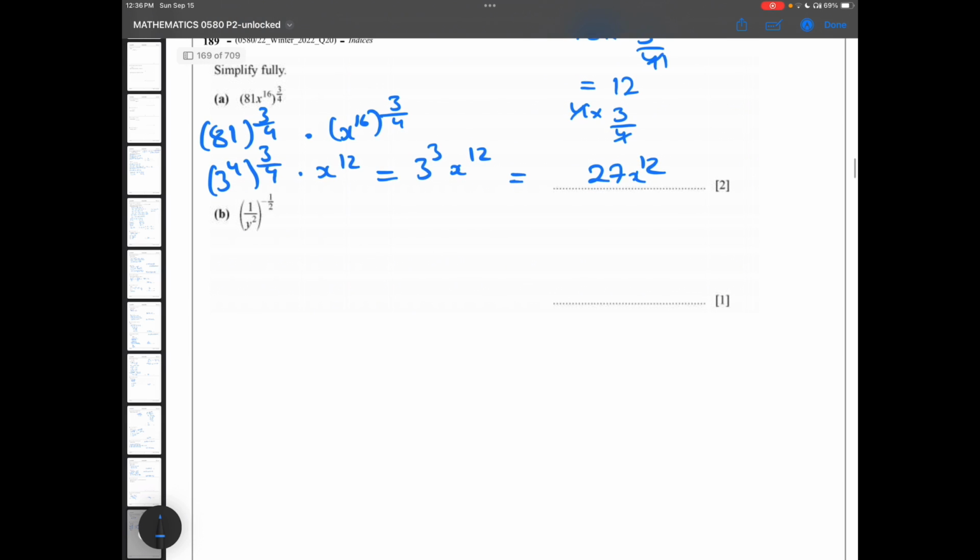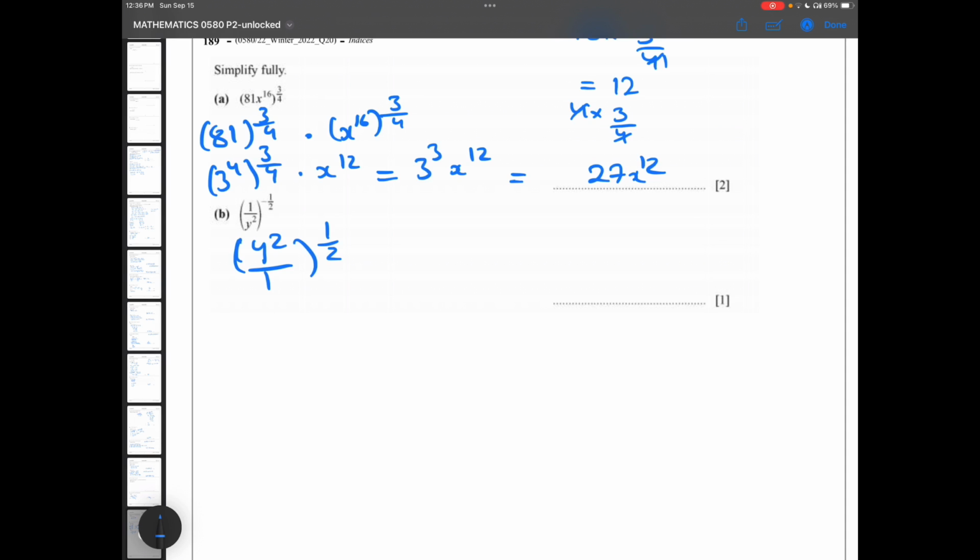Okay. And part b, it says 1 upon y square whole power minus 1 upon 2. If the power is negative and I need to make it positive, I can write y square upon 1 to the power 1 upon 2. When we have to change the sign of power, the numerator becomes denominator, the denominator becomes numerator.